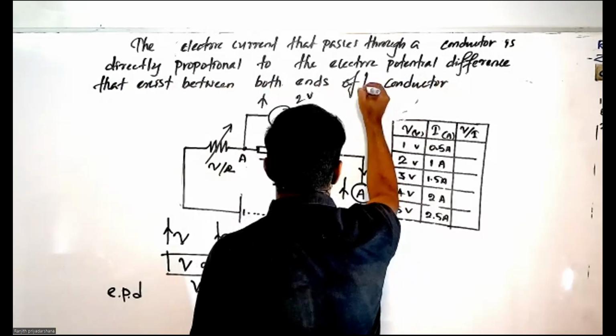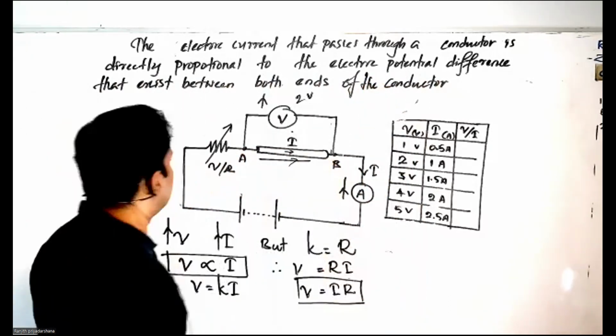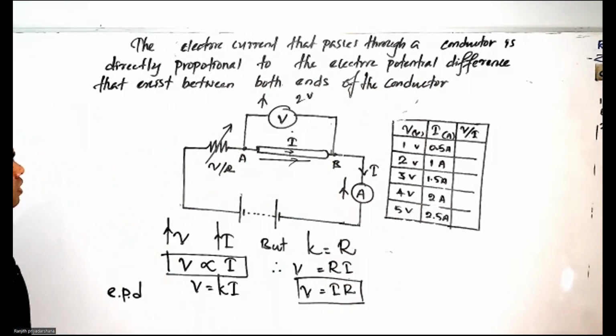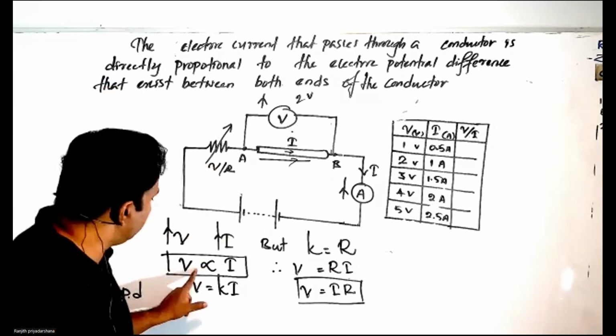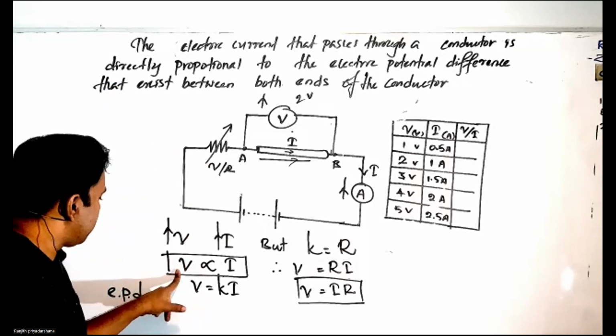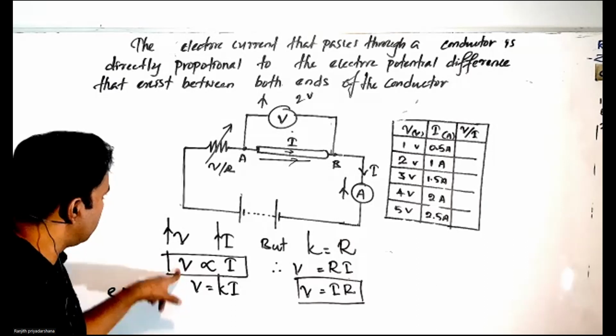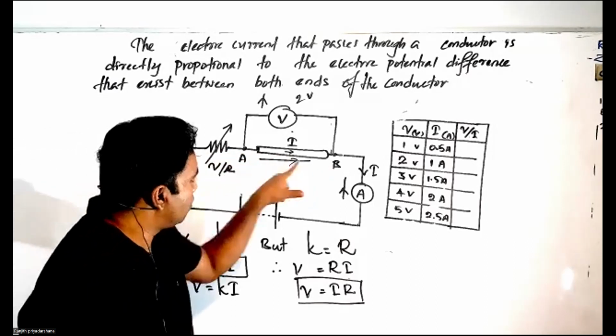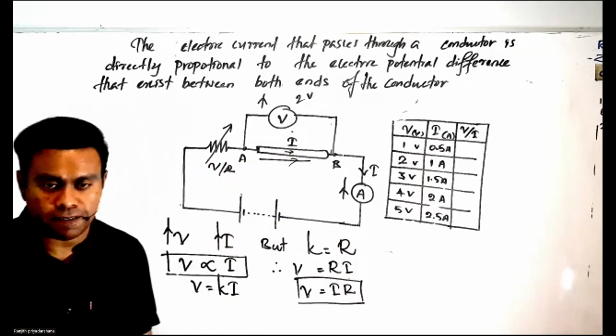The electric current that passes through a conductor is directly proportional to the electric potential difference that exists between both ends of the conductor.